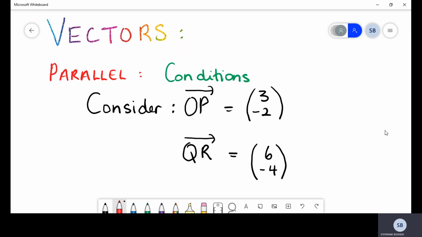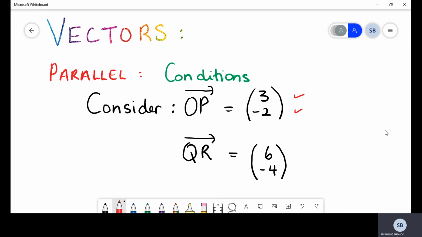The aim is to simplify your vector to its lowest form by trying to pull out a constant from within brackets. So for example, in this first vector OP, you can see that 3 and -2 do not share any common factors. So it seems to be reduced as simple as possible already.